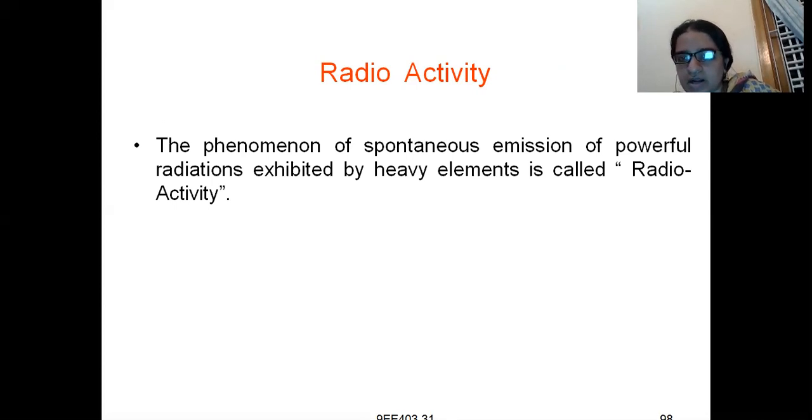Like a nuclear material or radioactive material. The radiations that these heavy elements exhibit spontaneously, that is called radioactivity.